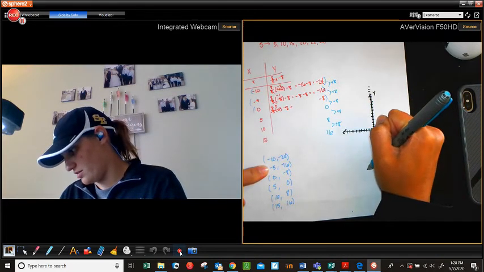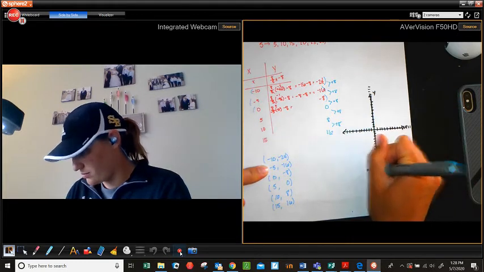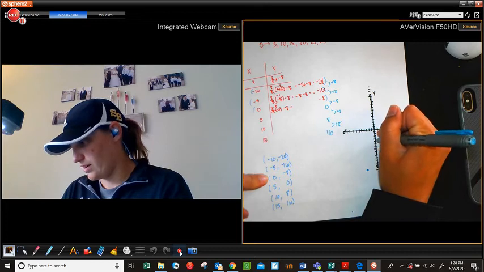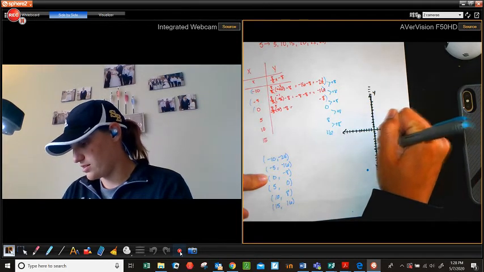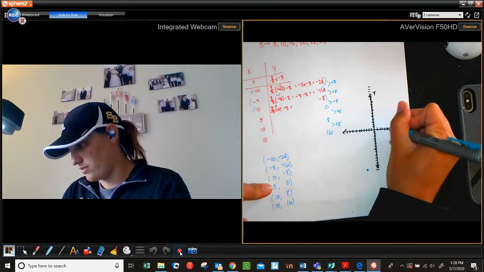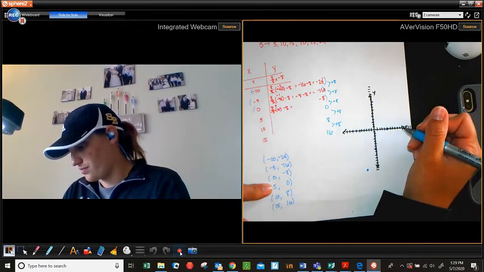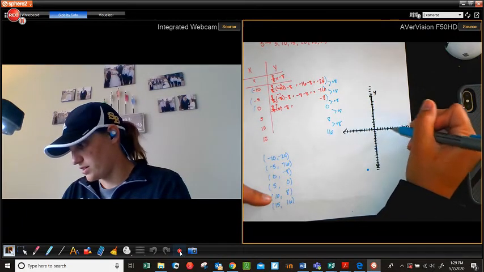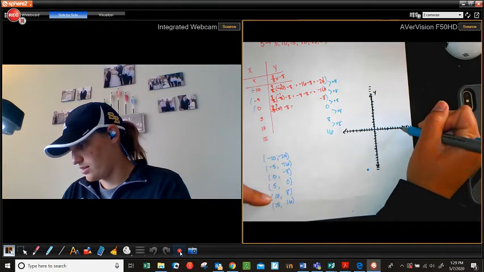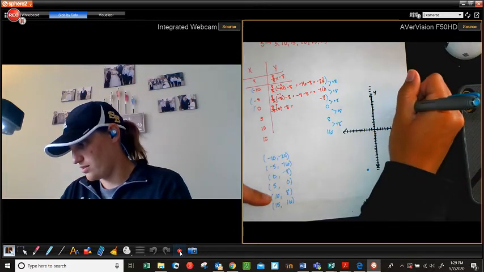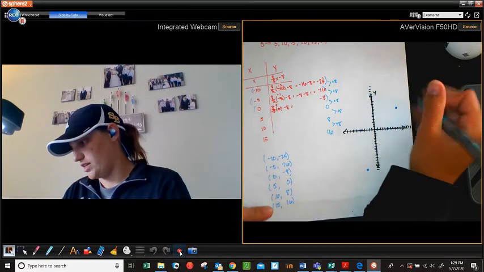Down to 16. 0, negative 8. 1, 2, 3, 4, 5, 6, 7, 8. 5, 0. 1, 2, 3, 4, 5. 10, 8. 5, 6, 7, 8, 9, 10. And 15, 16.